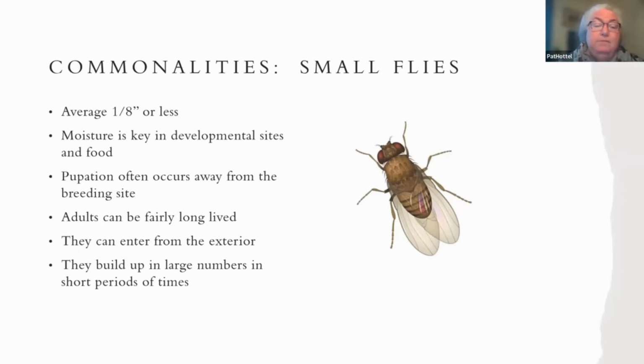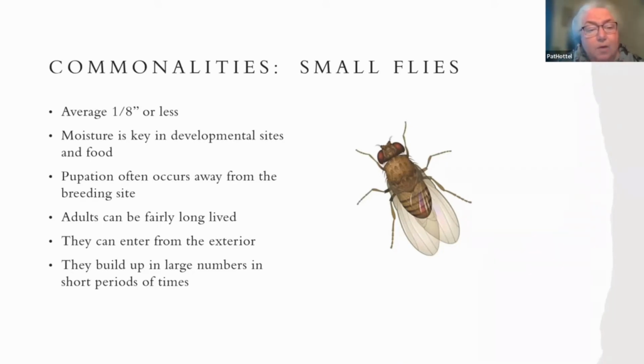Adults can be fairly long-lived. So with the small flies, some of them 30 to 40 days as adults. So again, even if we get rid of that food source, that source of the maggots, we can still have adult survival for a fair amount of time. And I don't know that everybody always recognizes that.